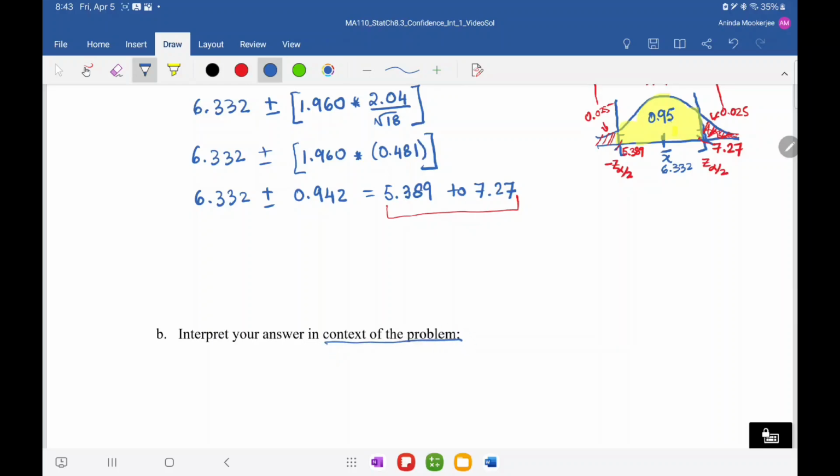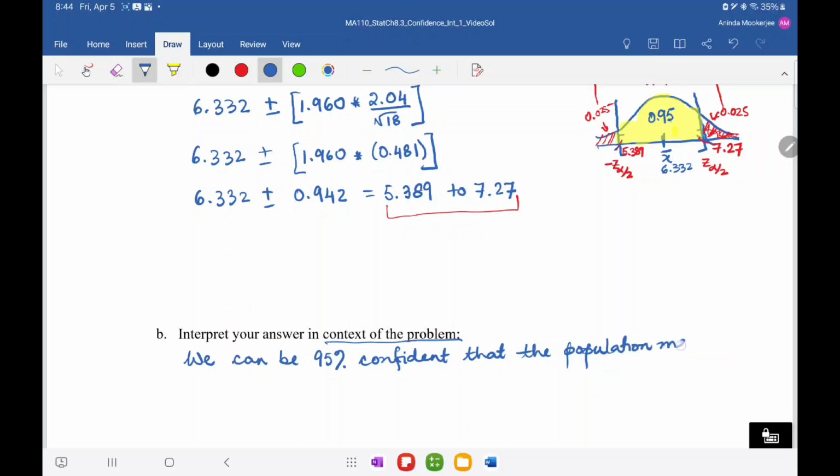The way we will go about it is you have to first qualify your confidence interval and write it as: we can be 95% confident that the population mean.